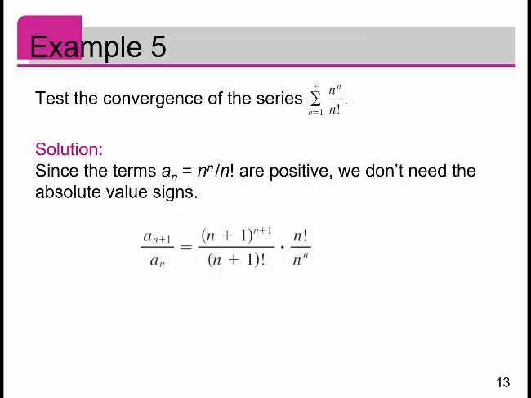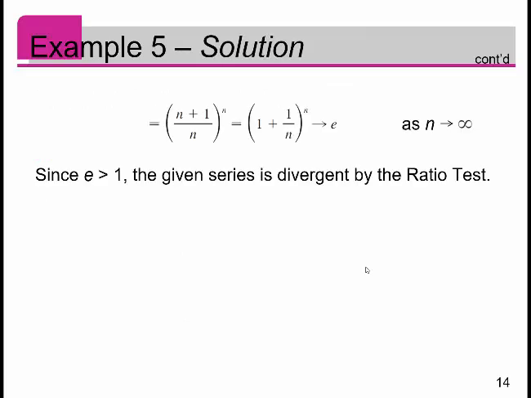So when we look at this, a sub n plus 1 is this factor divided by a sub n, so I just flipped this, because when you divide by a fraction, it flips. So when you simplify, it looks like this. Continuing more, you'll see that this cancels with this, and then you're just left with (n plus 1) to the nth power over n to the nth power.